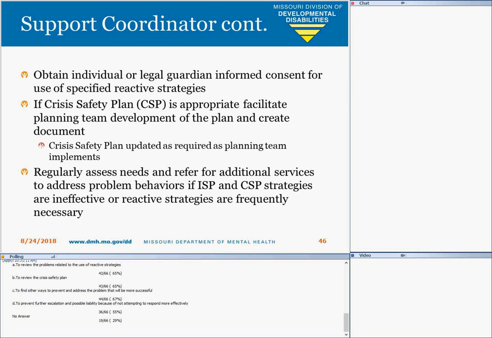And they, with the team, regularly assess the needs of the individual and refer for additional services to address problems if the individual support plan and the crisis safety plan strategies are ineffective, or if reactive strategies, especially restrictive reactive strategies, are frequently necessary.